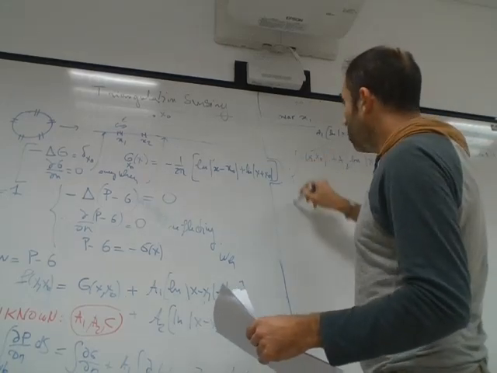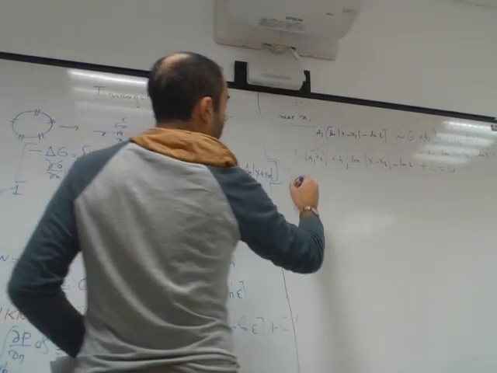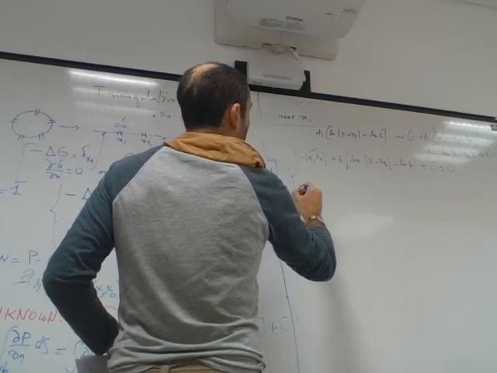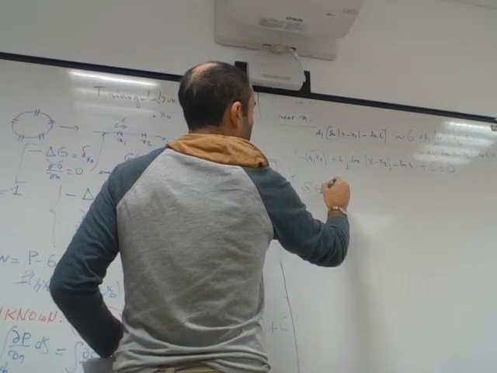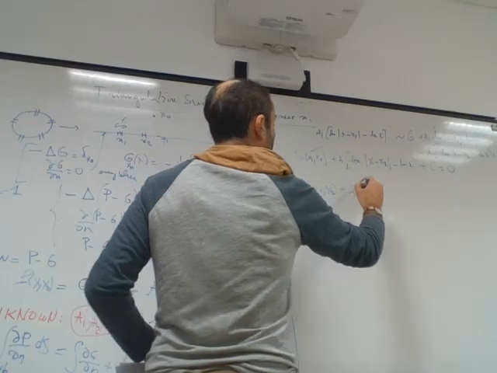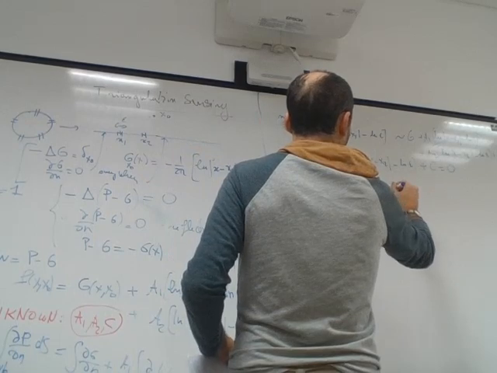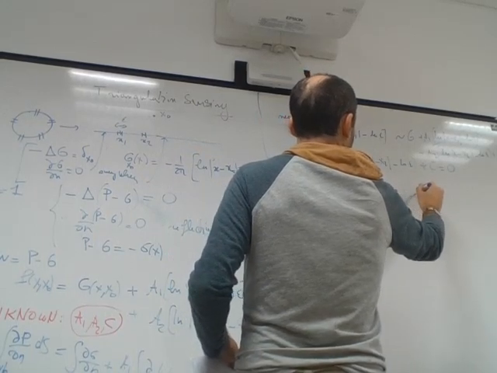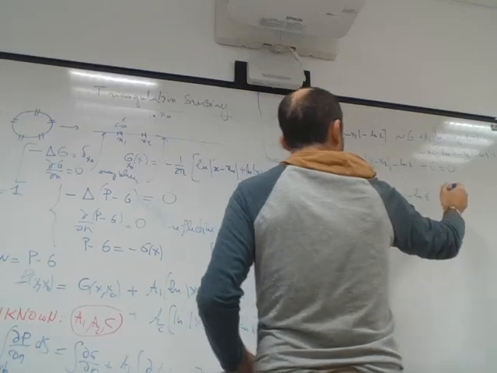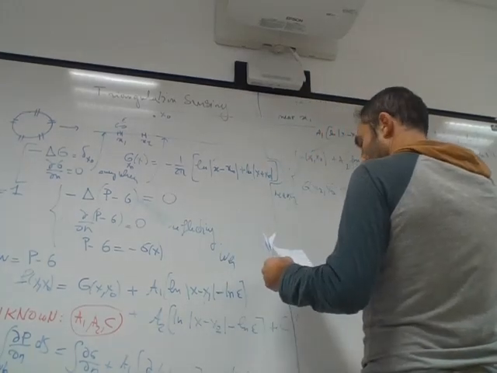And I can do the same thing near x2. So then you have to just replace: J of x2 x0 plus A1 log of x2 minus x1 minus log of epsilon plus constant equals 0.